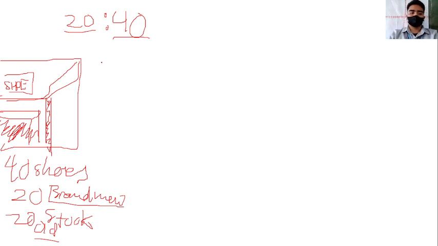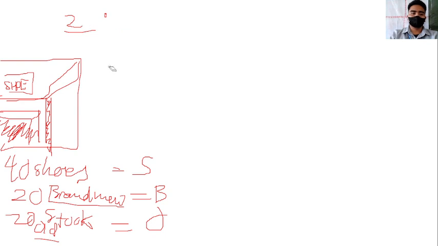All right. Let's put your 40 shoes as S, your brand new as B, and your old stock as O. Now, if I ask you, what is the ratio between the total number of brand new shoes and the total number of shoes?